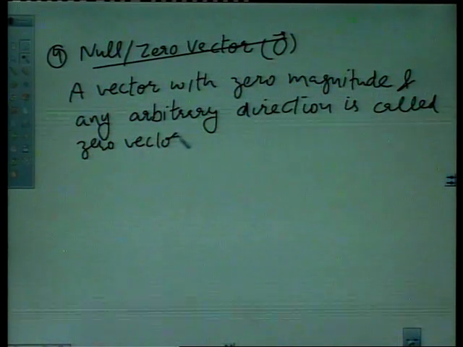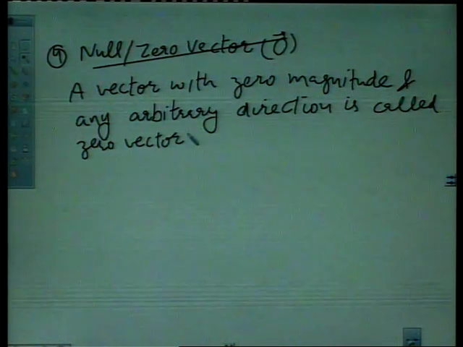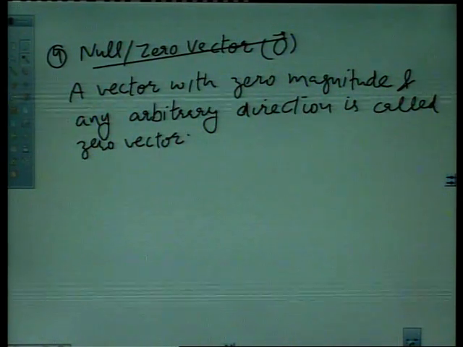So a vector having its magnitude as 0 is called a null vector or zero vector.